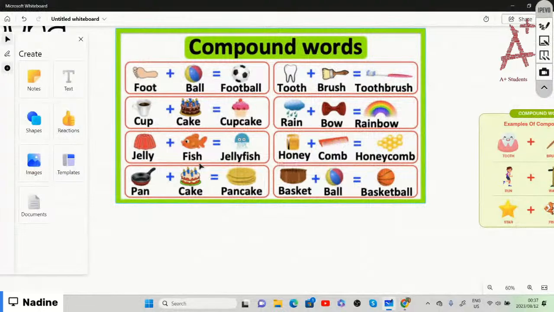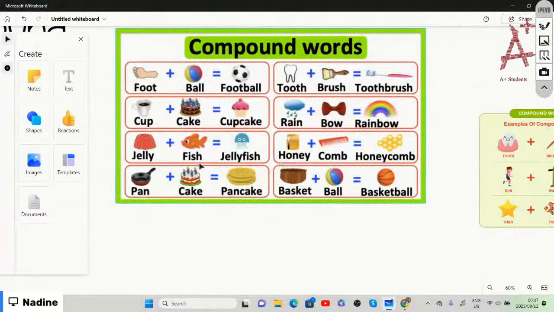It's like a bouncy object that you can play with. But now if we put these two words together, foot plus ball, then we have our actual ball, which is called a football. It is now specific as to what ball it is, a football.